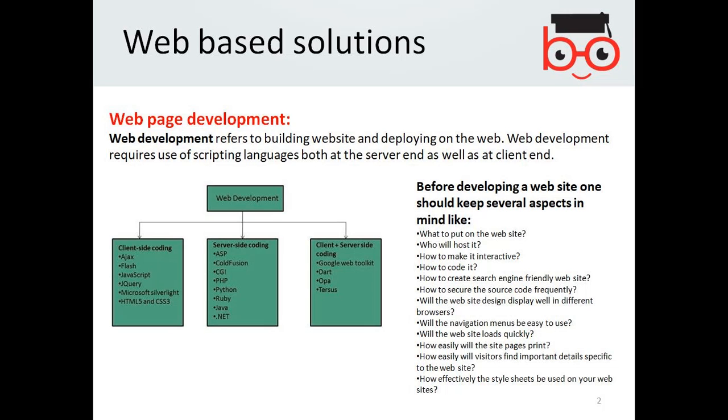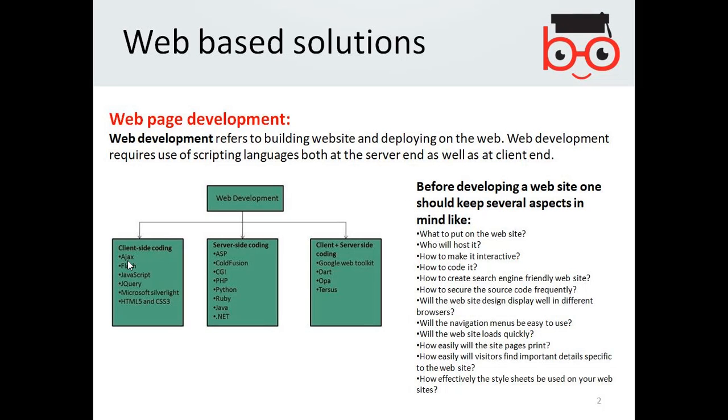Make sense? Okay, so in web development, client-side coding is the coding that directly runs at the client. It doesn't need to be approved by the server, like Ajax, Flash, JavaScript, jQuery, Microsoft Silverlight, HTML5 and CSS3.